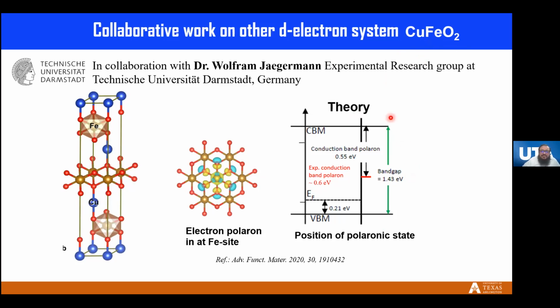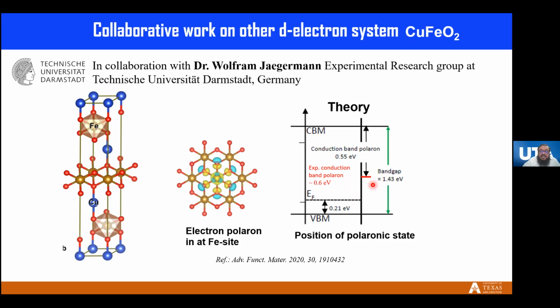Anyway, so for the copper iron oxide, we calculated the polaron in here. And this figure summarizes our calculated and experimental results together. We are not as successful as we were with vanadium oxide or bismuth vanadate.